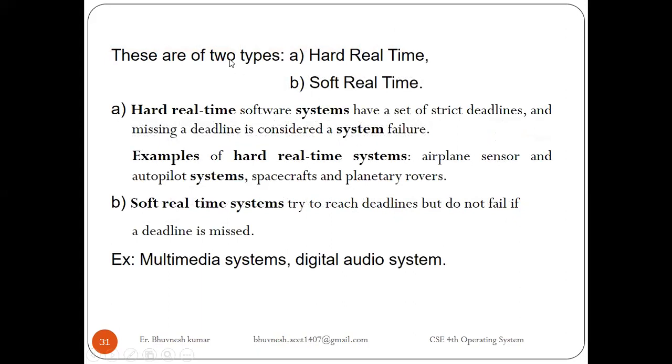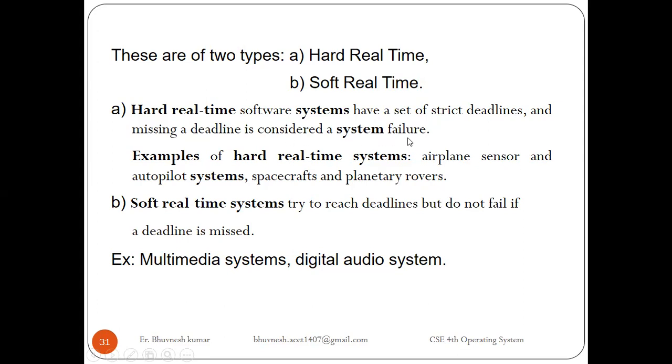Okay, real-time systems are further divided into two types, hard real-time and soft real-time. I have told you that real-time means there is a deadline. If your process is not executed on time, then that process will be counted as a failure process. Okay, in a hard real-time system, the software has a set of strict deadlines, and missing a deadline is considered a system failure.